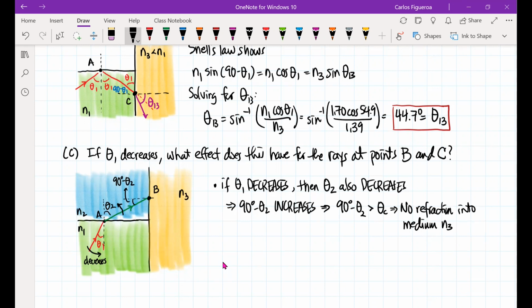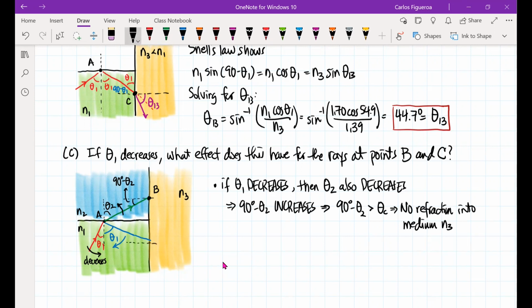Now let's look at C here. If I look at C, again, I'm going to have to mess up here because it's not really scaled properly. So let's look at this ray. This ray comes in, and this is the angle theta 1. But this angle is decreasing, right? So that angle decreases right there.